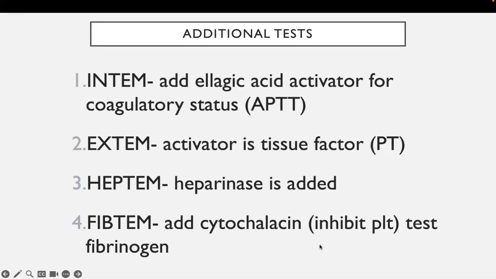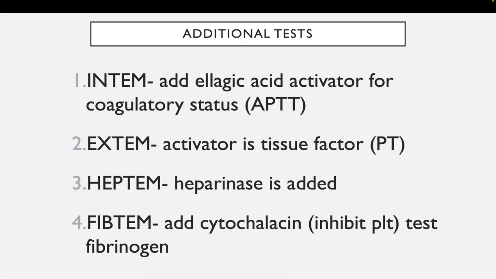With this, it also has different arms, just like in your TEG you have your CK, CRT, and CKH. The INTEM basically looks at the intrinsic factors, so it correlates to your aPTT. Your EXTEM arm looks at your extrinsic factors, so that correlates to your prothrombin time.